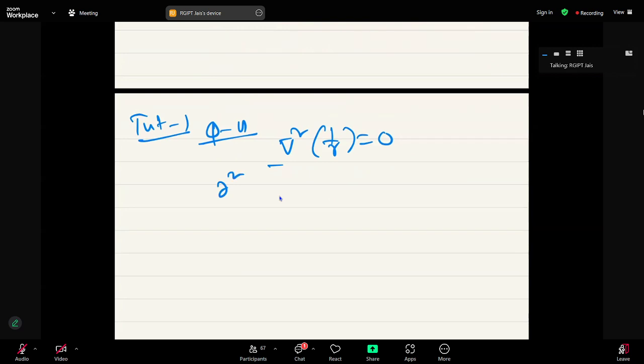And grad square is basically del 2 del x2 plus del 2 del y2 plus del 2 del z2. You have to do the simple derivative in this case.